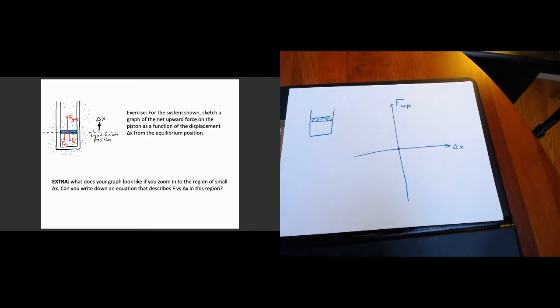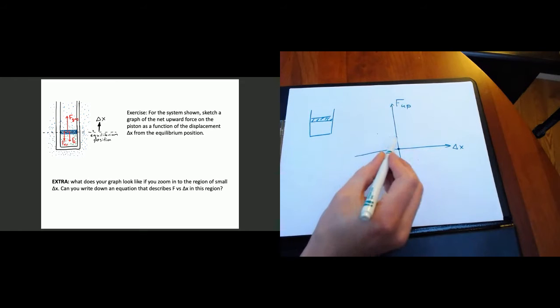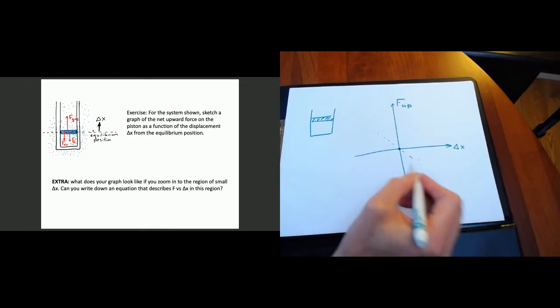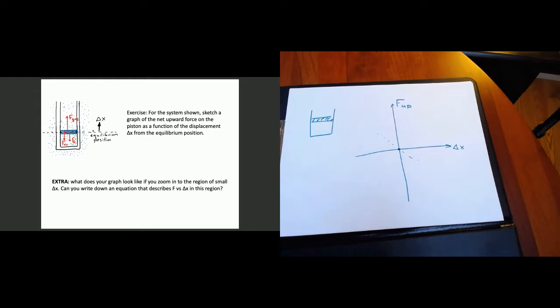So if you press it down, we should expect the net force to be upward. Okay, so it should be something like this that goes from positive over here to negative over here. But in this case, it's not really a symmetrical situation. And so we might expect that the graph on the left and the right might go upward in a different way than it goes downward.